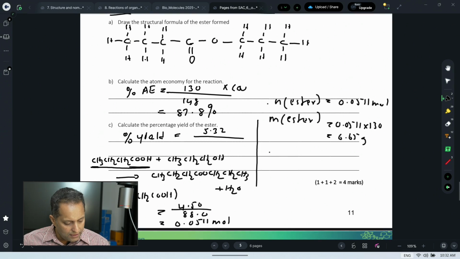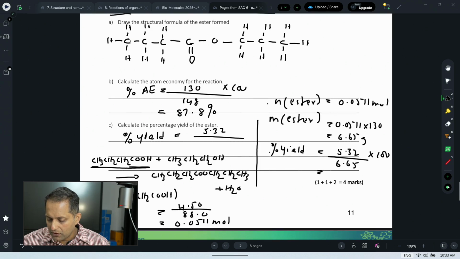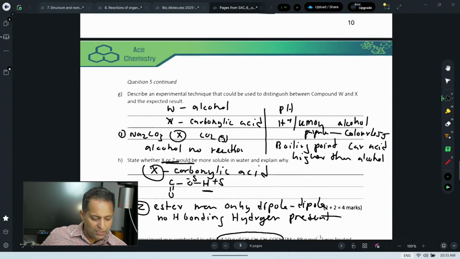Therefore, percentage yield is equal to 5.32 divided by 6.65 times 100, which is going to be equal to 80%. That is done. Simple question.